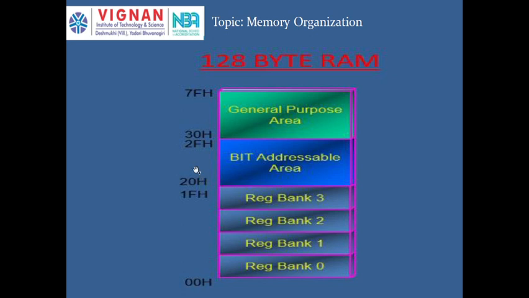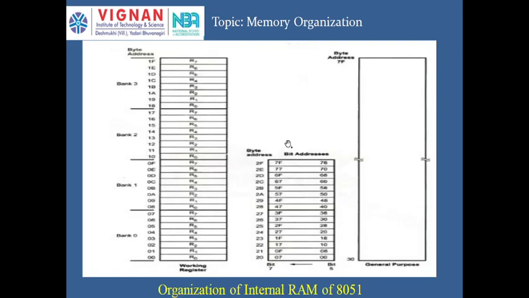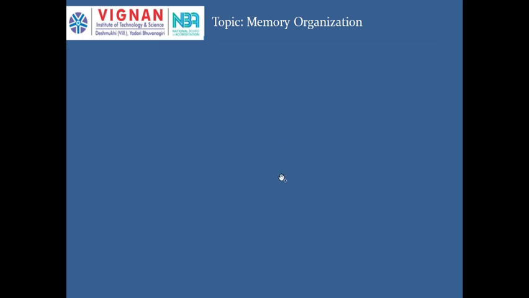The next 16 bytes, 20H to 2FH, are bit addressable or byte addressable, and after that from 30H to 7FH, 32 plus 16 is 48, the remaining 80 bytes of memory can be used as general purpose memory. With this, I am going to conclude the class. In the next session, we will discuss the addressing modes of the 8051 microcontroller.